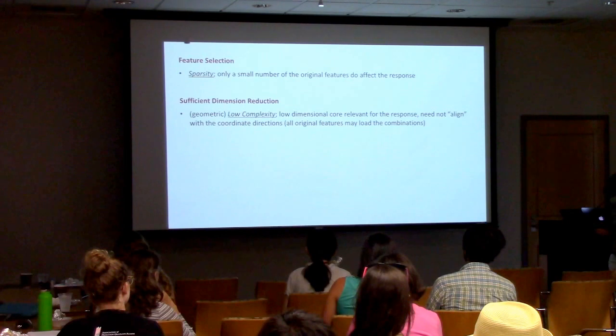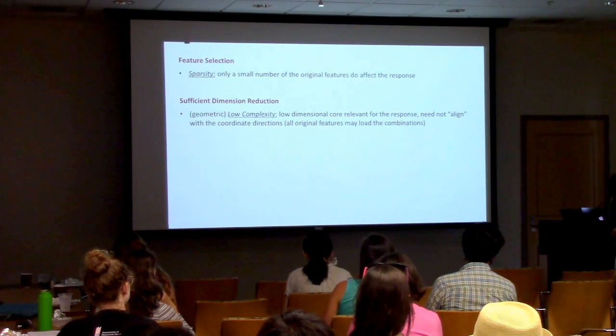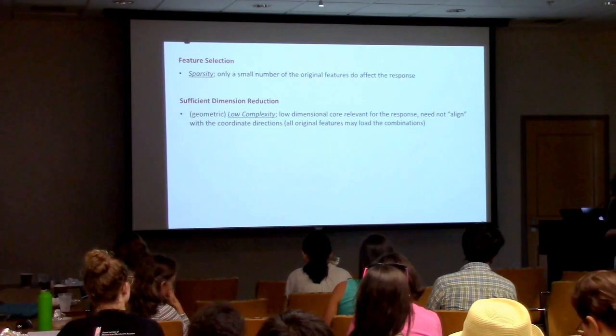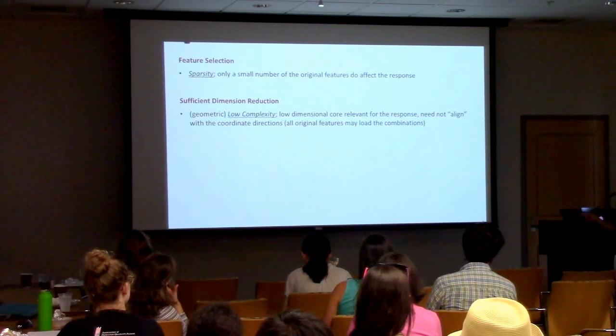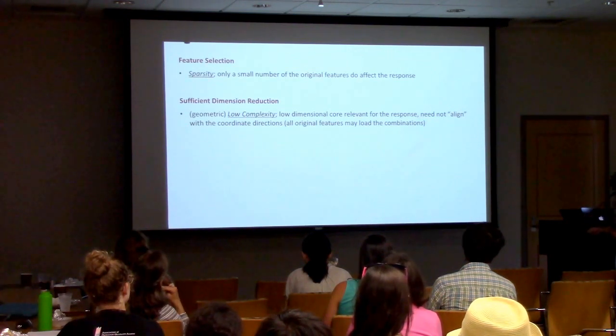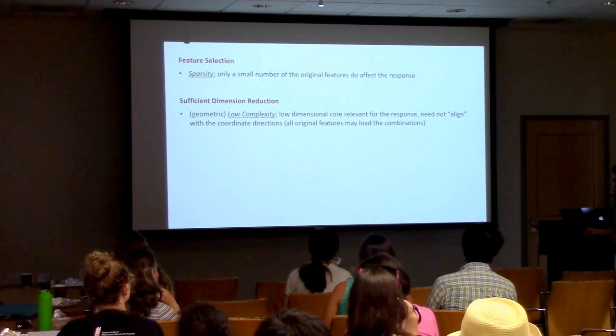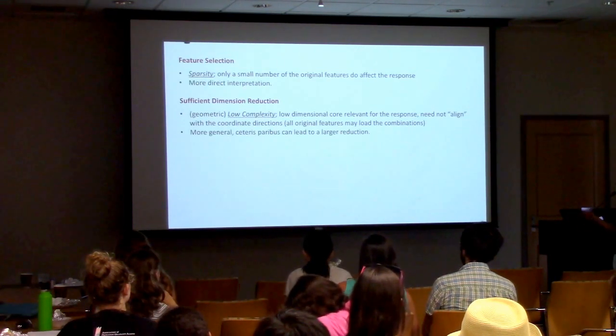Of course, this low complexity doesn't need to align with the original coordinate system. This is a reduction in dimension after you rotate the coordinates in your space, which means that in the end, all original features may load on the combinations, but the complexity of the data is low.